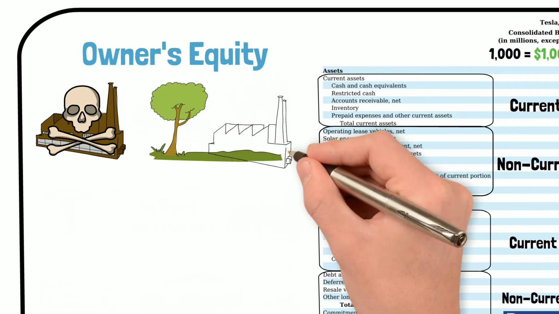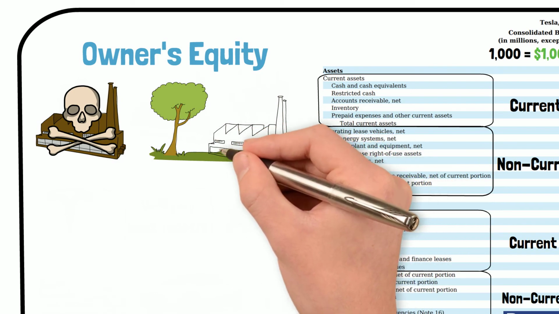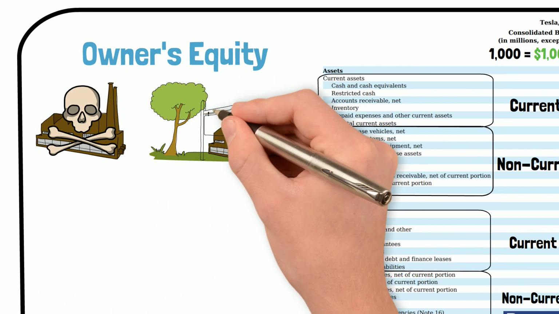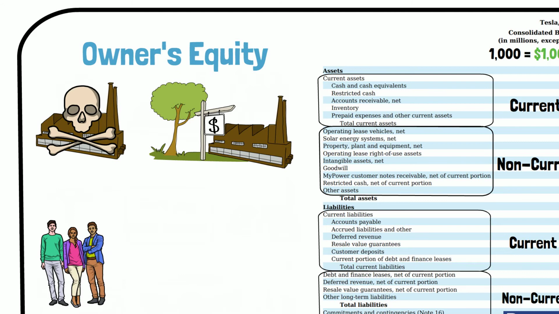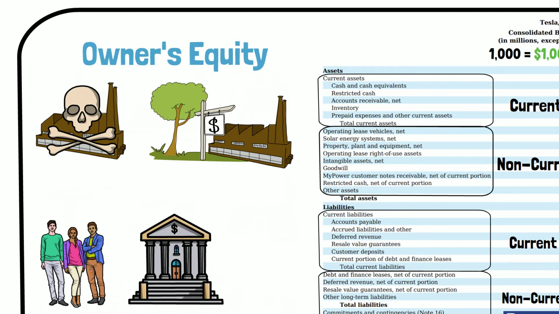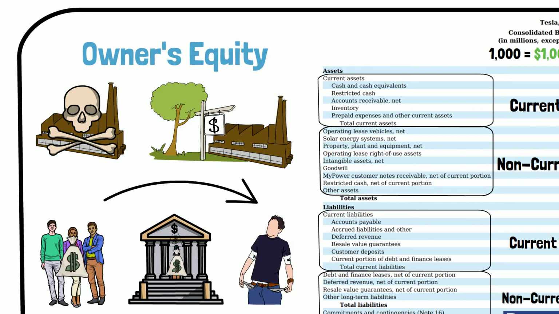When the assets like property, manufacturing plants, and equipment are sold, the people who get paid first are the employees, customers, banks, and bondholders. All of the liabilities will be paid first before the shareholders of Tesla get anything at all.